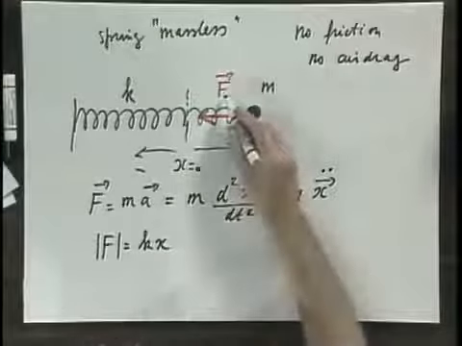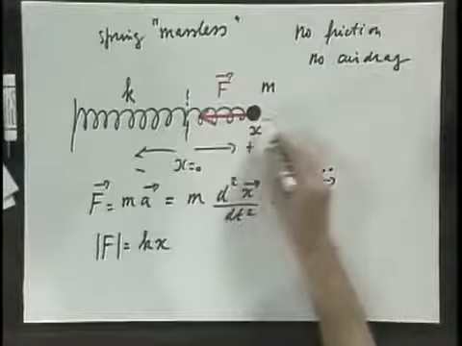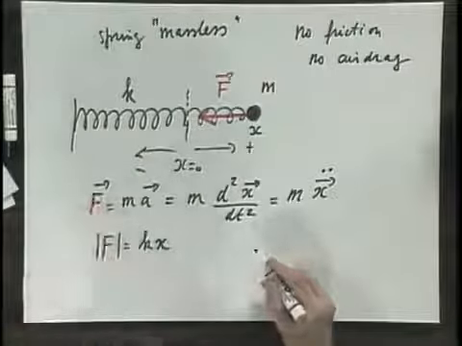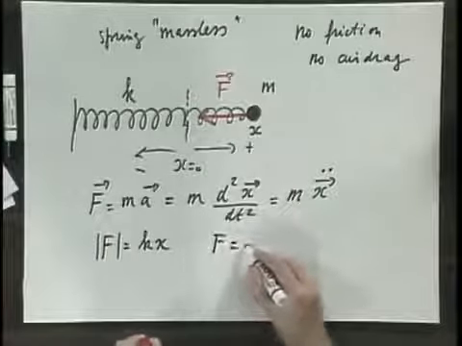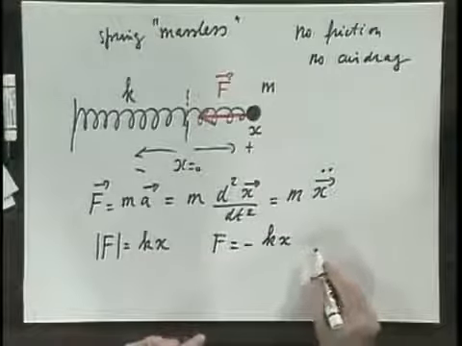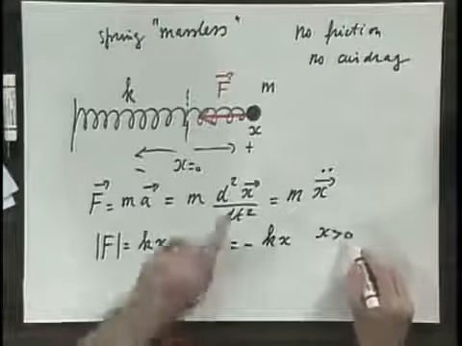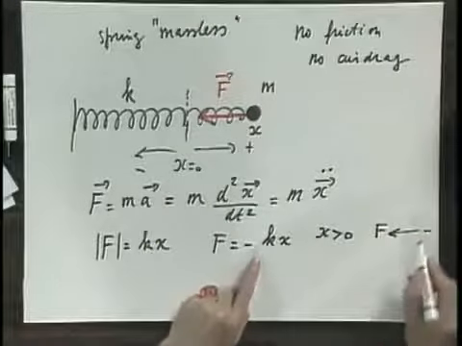But F is a vector. It has a magnitude and a direction. And since this is a one-dimensional problem, I can simply remove the vectorial notation and simply write F equals minus kx. Notice that when x is positive, automatically F will be in this direction, will be negative.